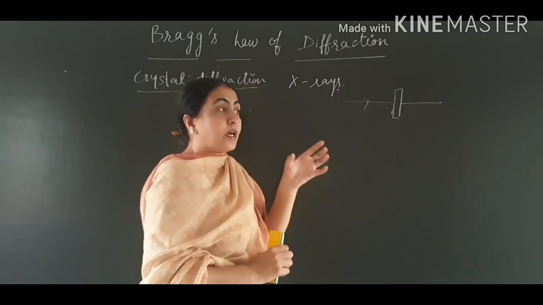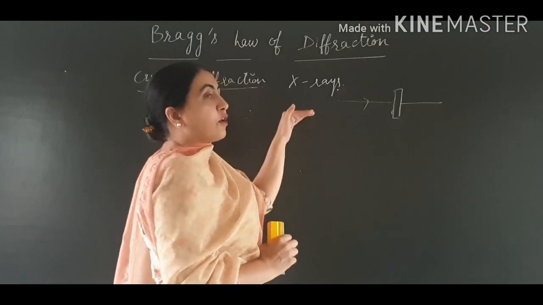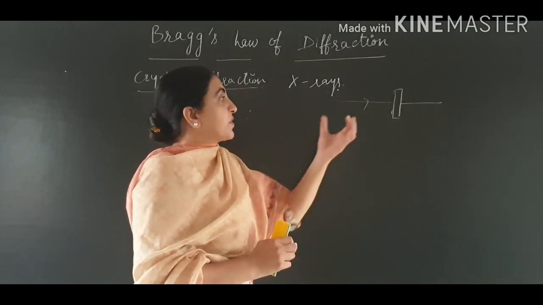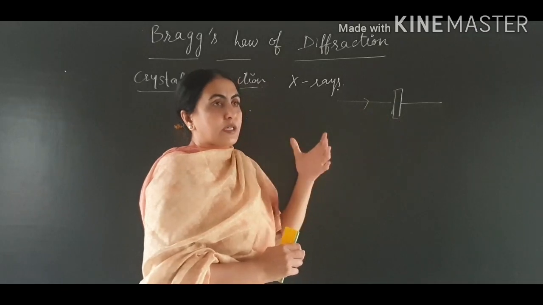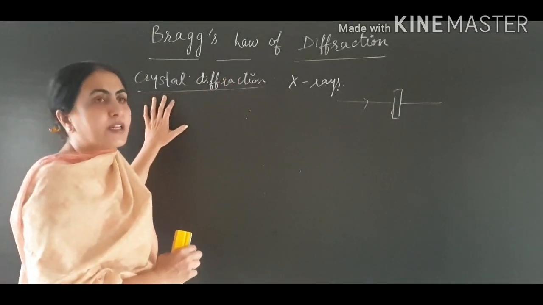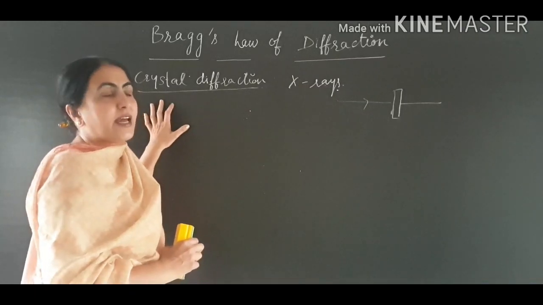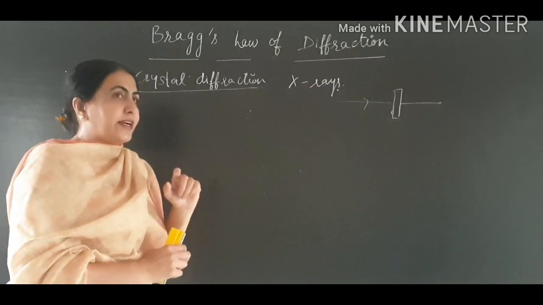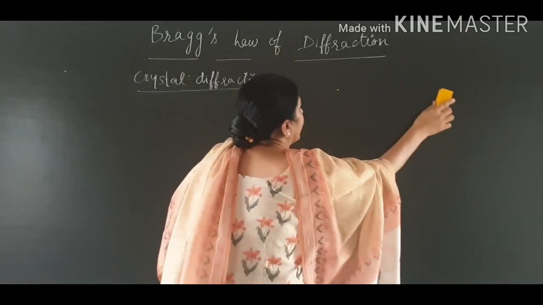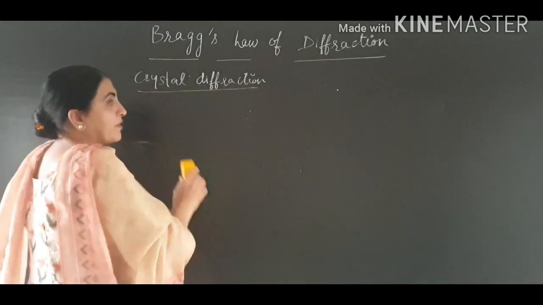So for diffraction to occur, the wavelength of X-rays must be approximately equal to the obstacle we are using. And for this, the crystal acts as a natural grating for X-rays.